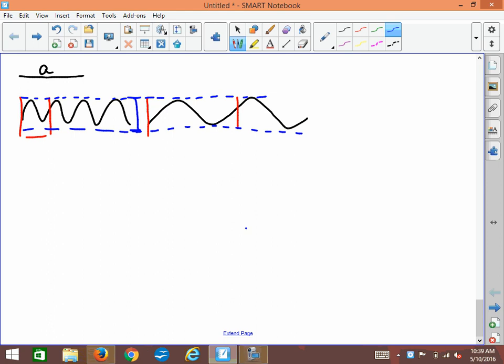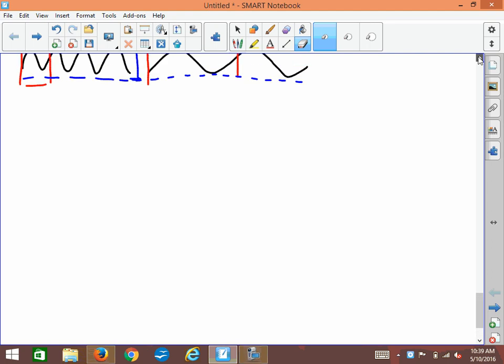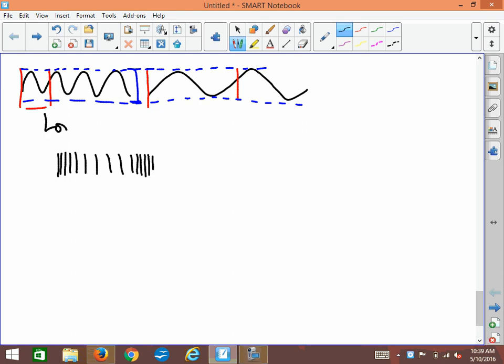Excellent. Now, what about our friend, the compression wave? The longitudinal type of wave. Well, let's draw a picture. We kind of already have a picture, but what I'll do is give you another one. What we have here is a series of compressions and then rarefactions. So you might want to write longitudinal wave here.